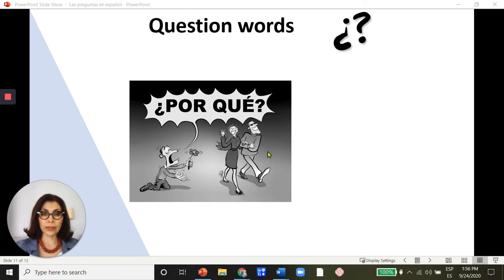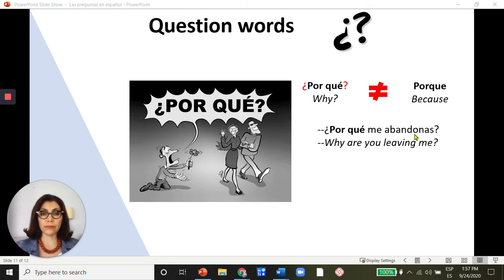Ahora, ¿por qué? It's another question word that is actually two words, because you can see that it is being separated. ¿Por qué? And porque. These two have the same pronunciation, however, they have a different meaning. ¿Por qué would be why and porque because.